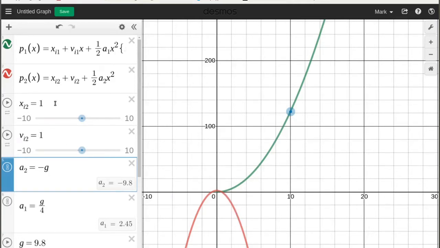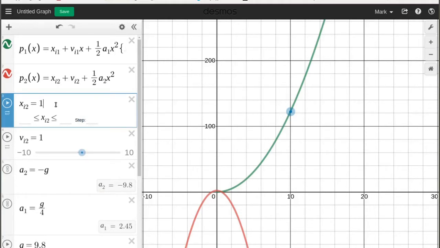So how am I going to figure out the starting position and the starting velocity? Well, the starting position is that spot right there. That is the location that the balloon was at when the sandbag was cut loose, which happens to be at time delta t, which I've made to be 10 seconds.